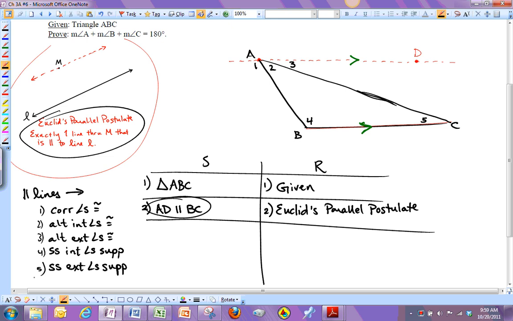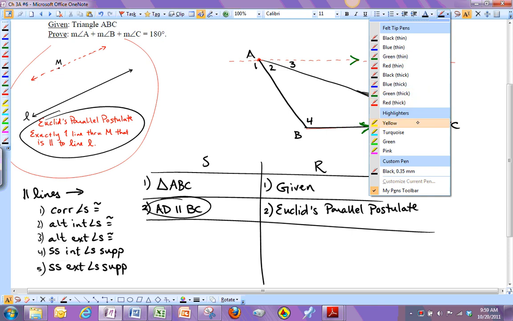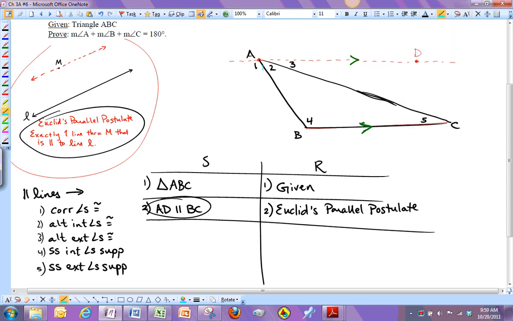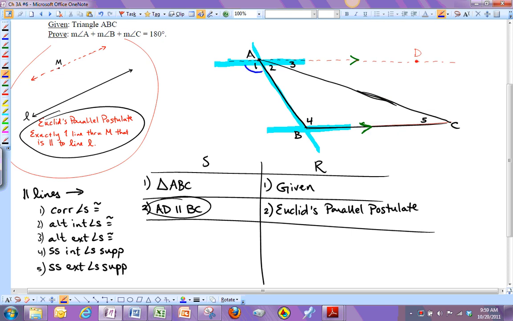So in this one, let me get a different color. In fact, I'll do a highlighter for this. That if I extend this line right here, and I look at this part here, and this part here, right? Then if you look at those angles carefully, you can actually tell that angle 1 and angle 4 form a special type of angle, a special pairing.